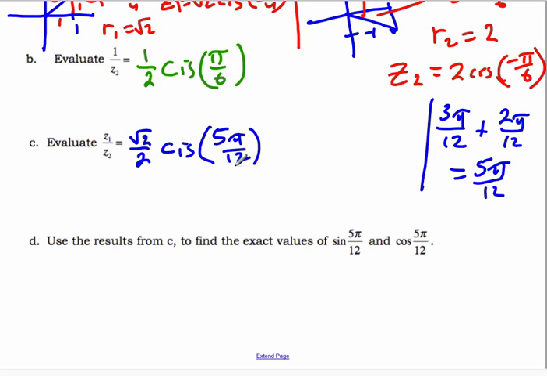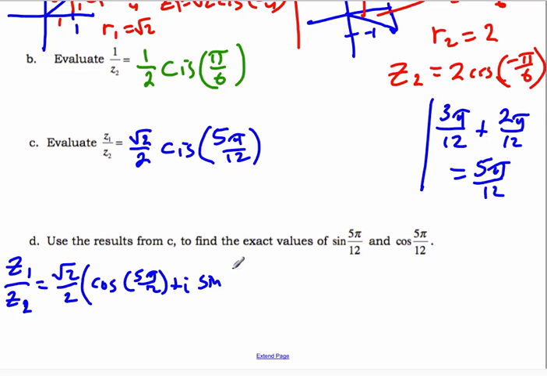So here, notice when we divided these quantities, we got cis 5 pi over 12, so it's going to have something to do with that. So we had Z1 over Z2 equals root 2 over 2 times, I'm going to write out the cis as cosine 5 pi over 12 plus i sine 5 pi over 12.